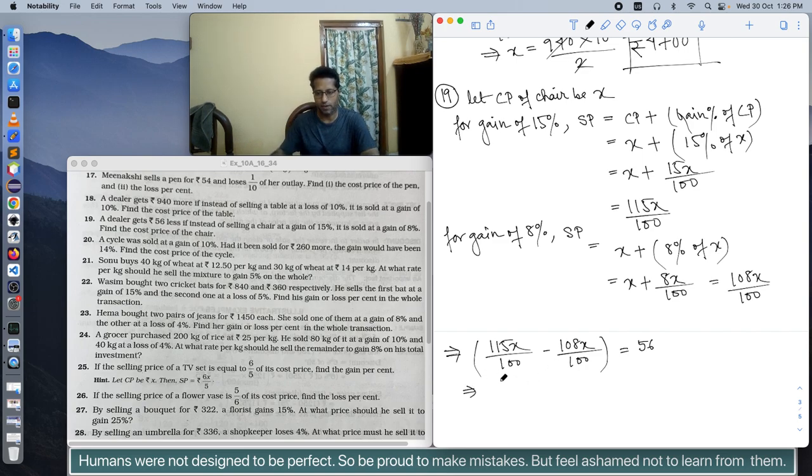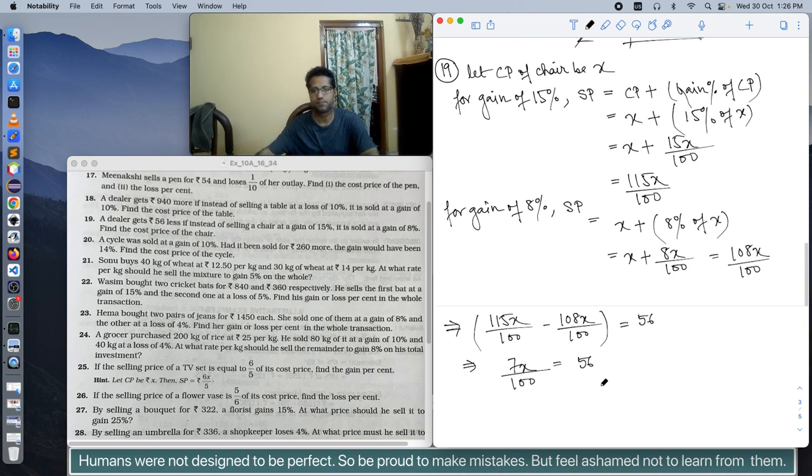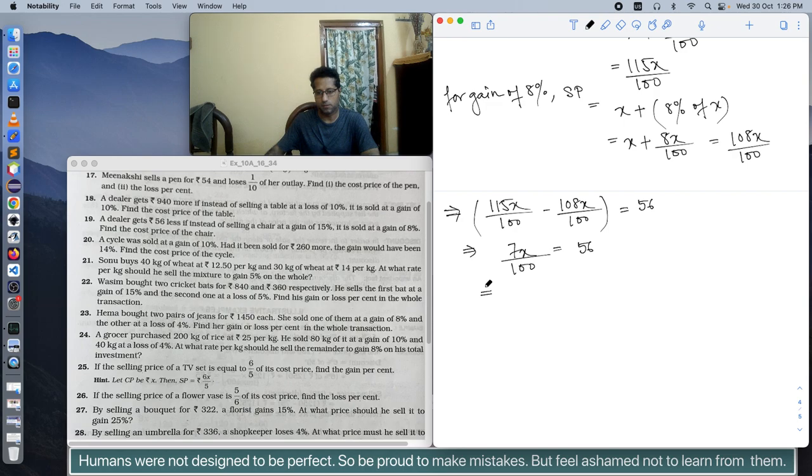Simplifying the left hand side, we get 115X minus 108X is 7X. 7X by 100 is equal to 56. This implies X is equal to 56 multiplied by 100 divided by 7. 7 cancels 56 with 8. This is rupees 800. So the cost price of the chair is rupees 800.